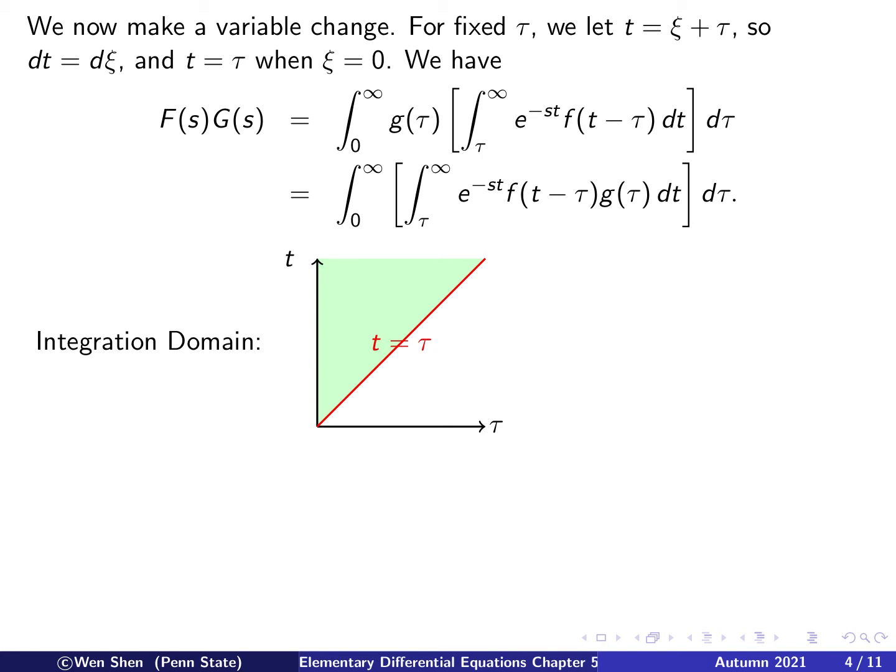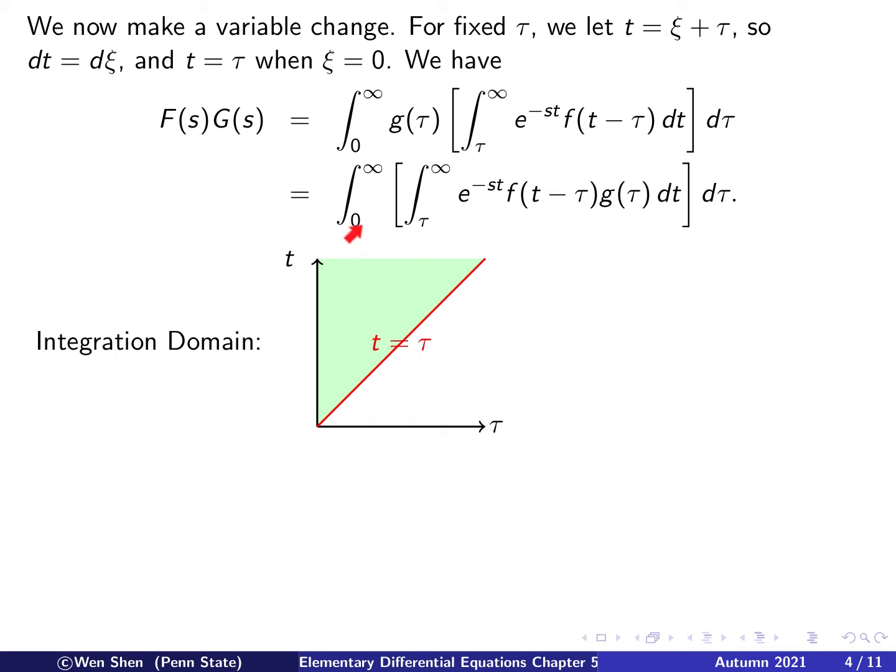Now let's look at the integration domain formed by the two variables t and tau. We see that it's not the whole two-dimensional space, it's only part of it.